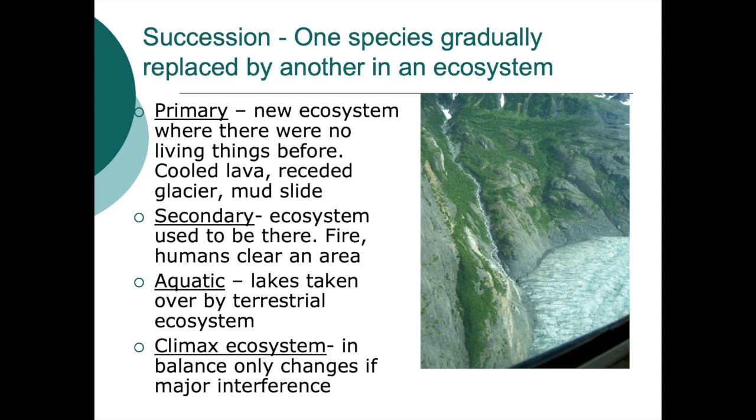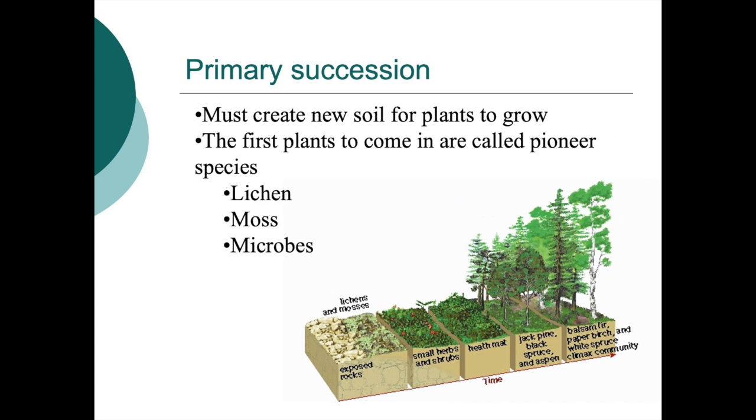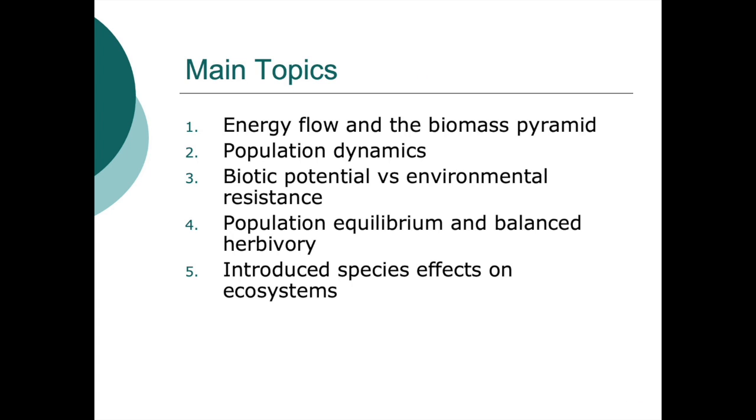The primary succession is when you have that bare land, and then you have secondary succession. The easy way to think of it is that rock has to be broken down first. Those pioneer species, those first plants to come in, are always going to be your lichens, your mosses, and your microbes. They're going to be the ones that break down that rock material and turn that rock into soil, and then that soil will support more and more hardy plants all the way up until you get to trees.